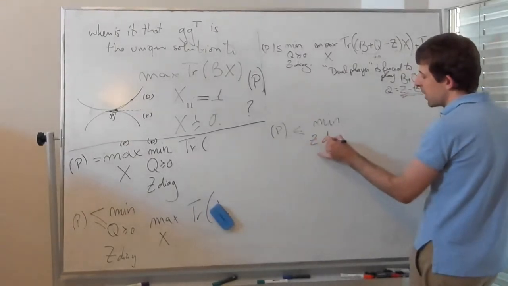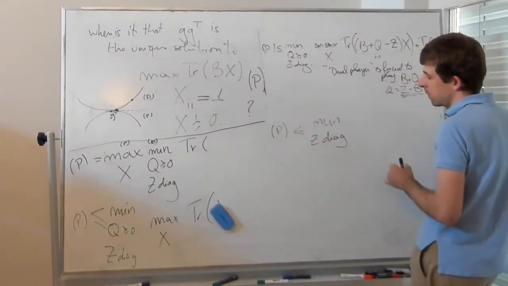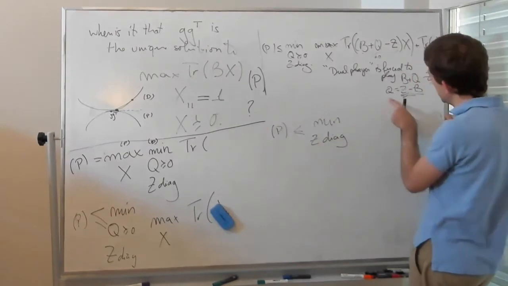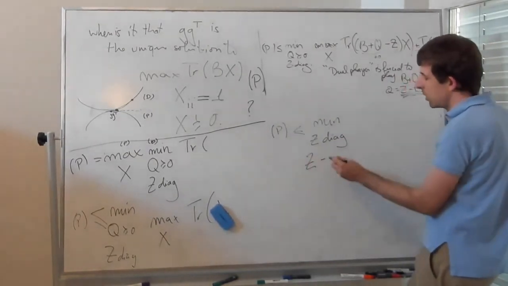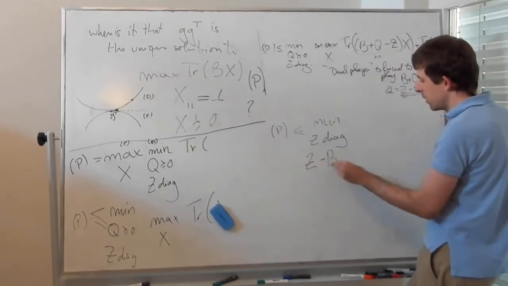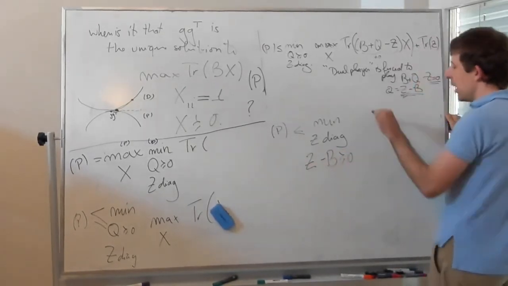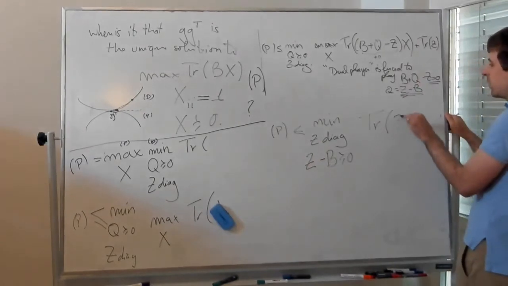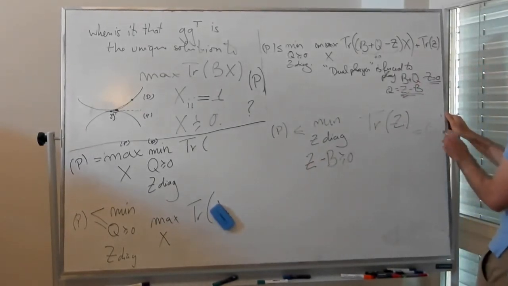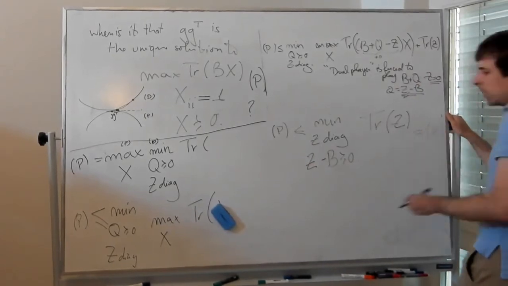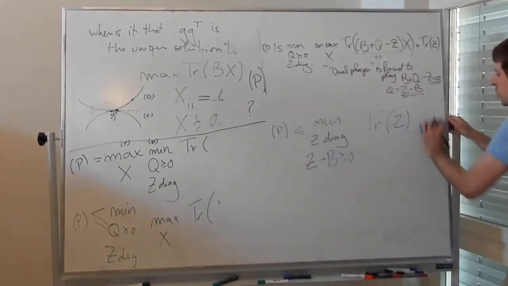So Z needs to be a diagonal matrix. The constraint is that Z minus B needs to be positive semi-definite, and what they're trying to minimize is the trace of Z. And this is what we call the dual program. This is the definition of the dual program.